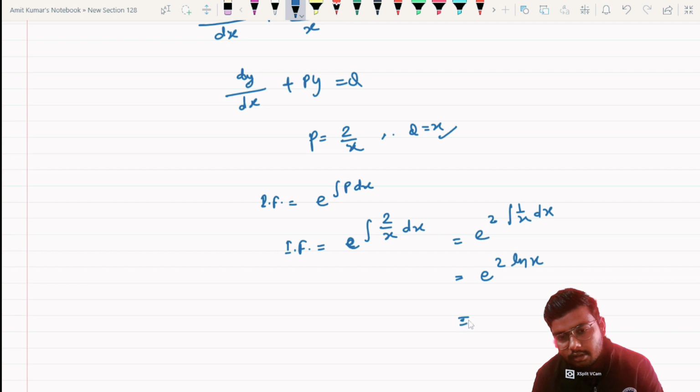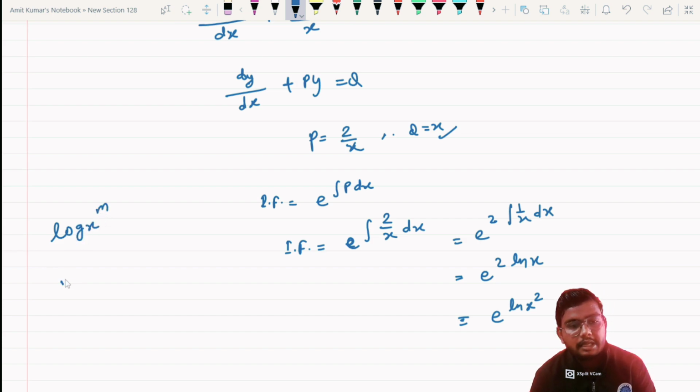Whenever you have 2 ln x, we can write it also as e to the power ln x square. This is a log property. If you have log of x to the power m, this m can be taken out, and if you have m in front, you can take it as a power of x. Here we have ln, which can be written as log base e of x square.